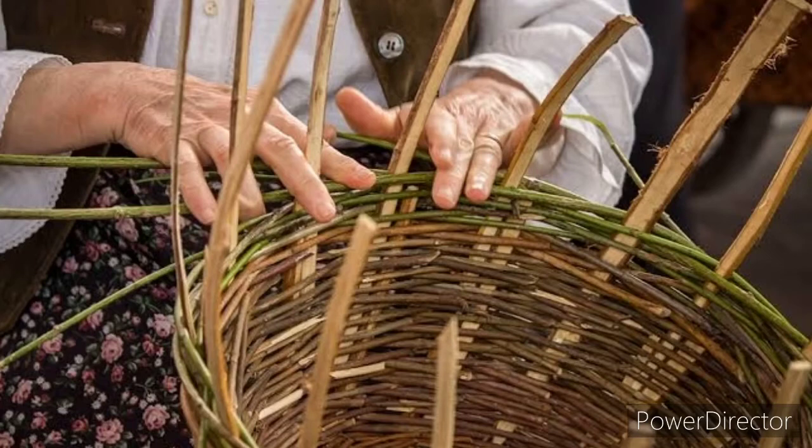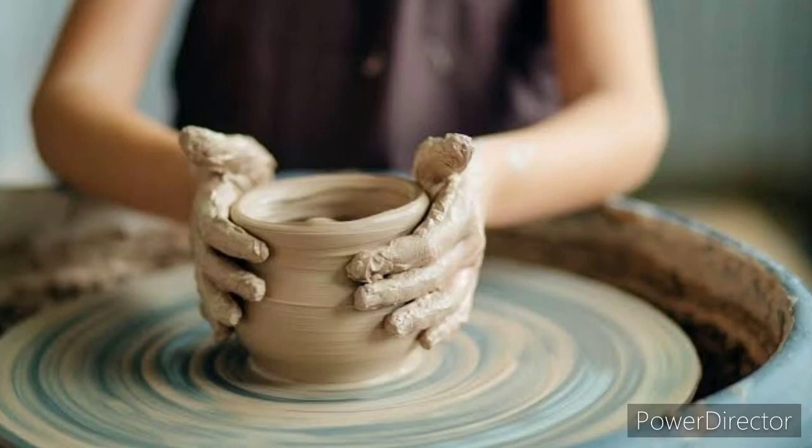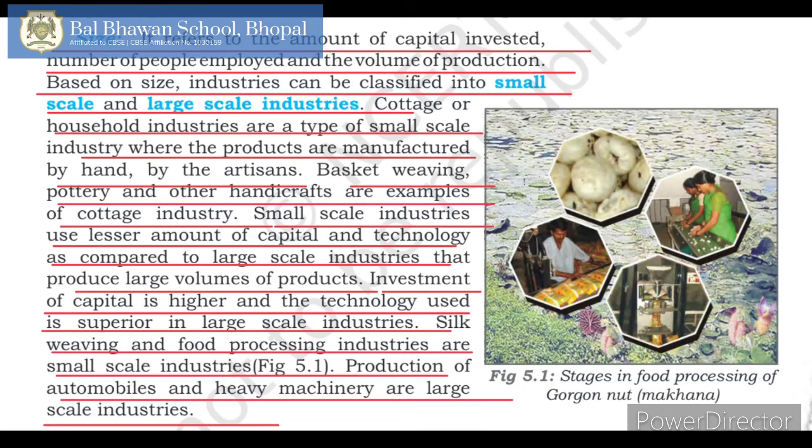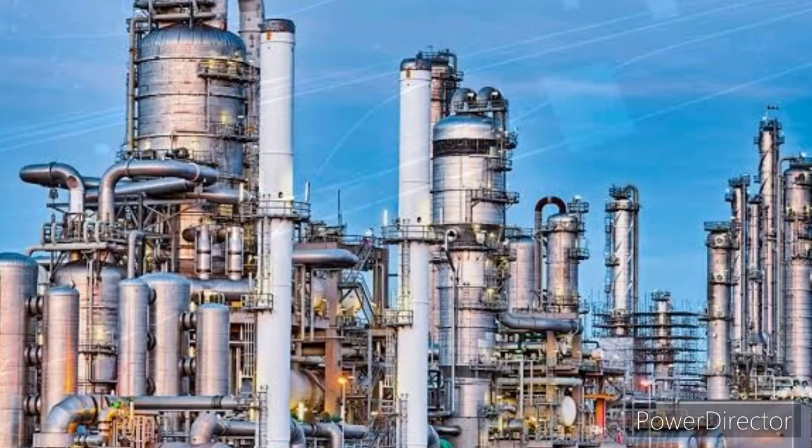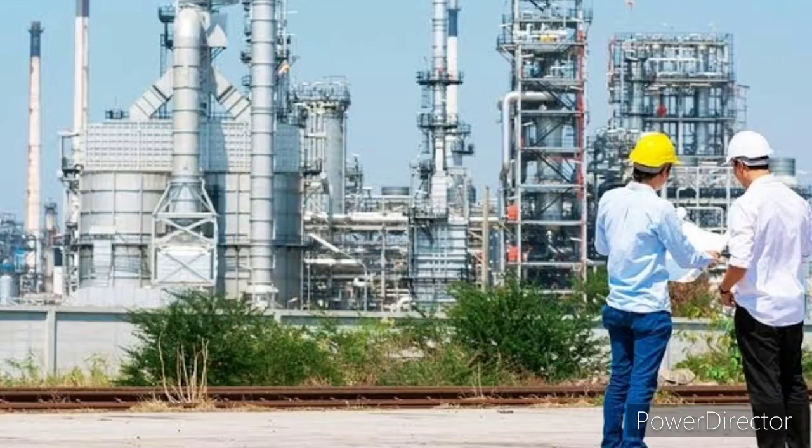Small scale industries use less capital and less technology as compared to large scale industries. Large scale industries need a large amount of investment, more number of employees, and more production. The production is higher compared to the small scale industries.